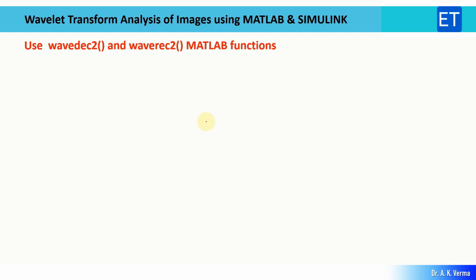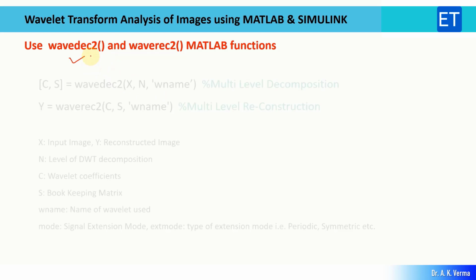Then you have to execute the function dwt2 3 times. But it is not good to write similar code 3 times. So here you can use the wavedec2 function. You just need to define the level of decomposition, and you will get all 3 decomposition levels simultaneously using a single function.